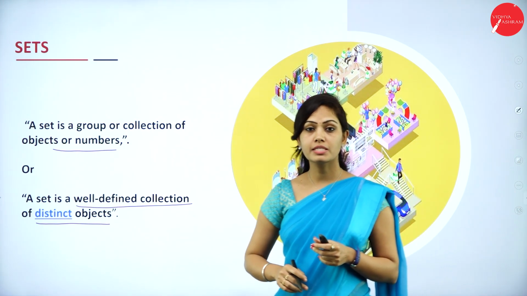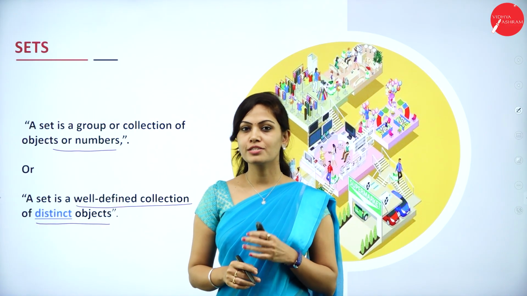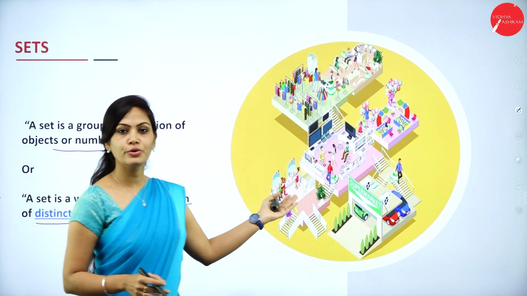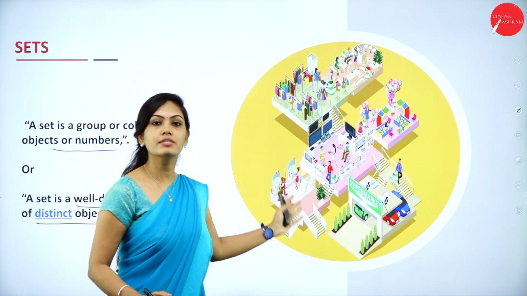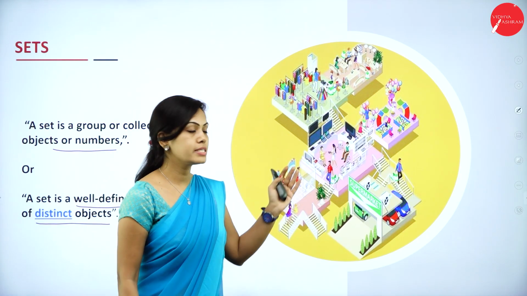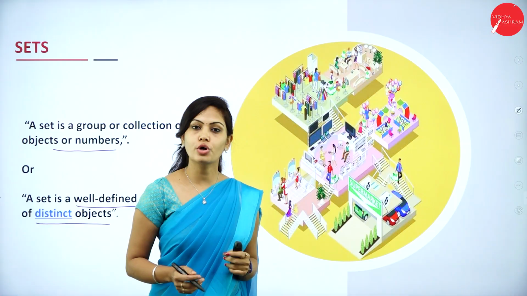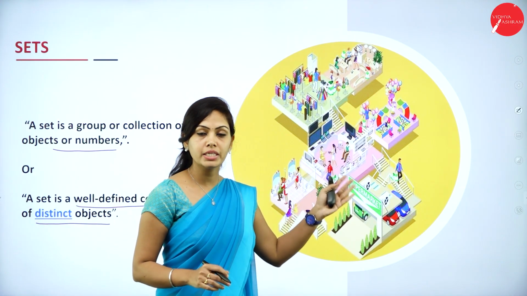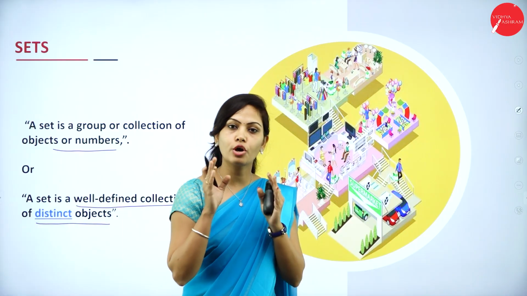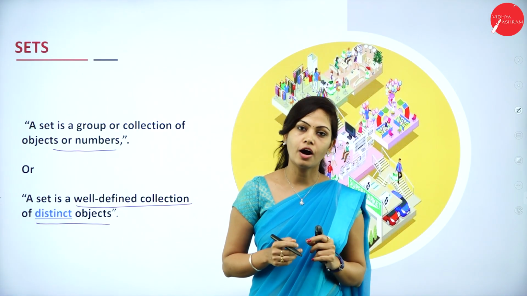Where do we use sets in our daily life? In a shopping mall, you can see the image here. It is an unordered collection of objects and a well-defined collection of distinct objects. So a set is an unordered collection of elements, also known as objects.